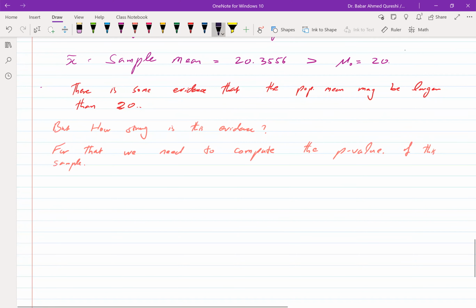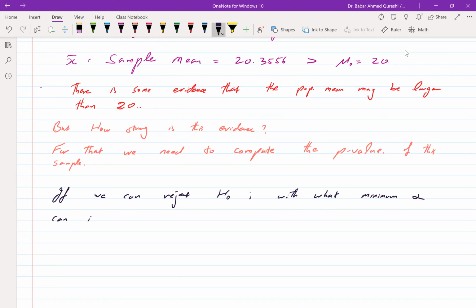So basically you are saying if we can reject H naught, with what minimum significance can it be done? So that's that minimum significance you are trying to find out.